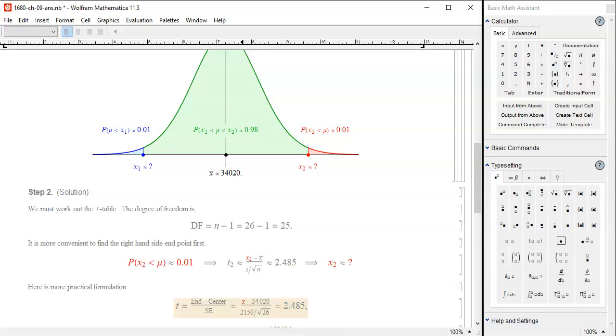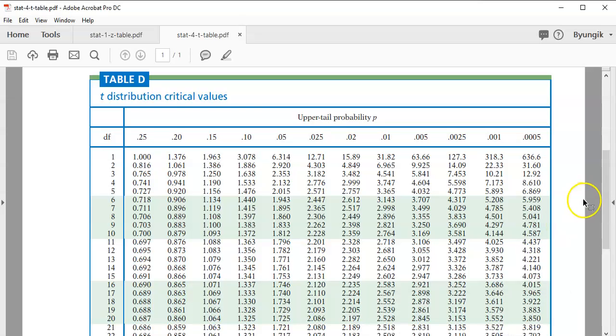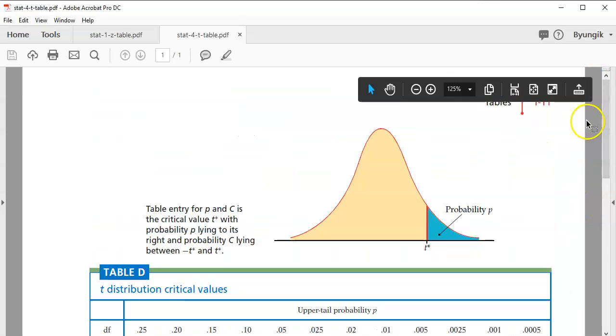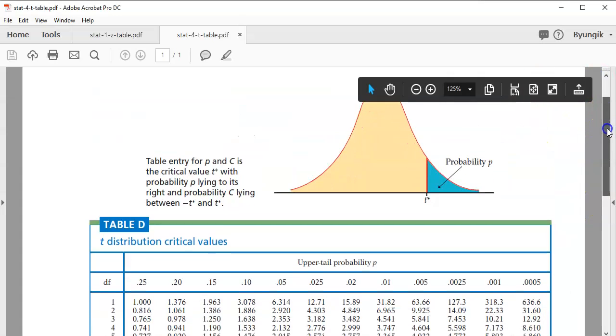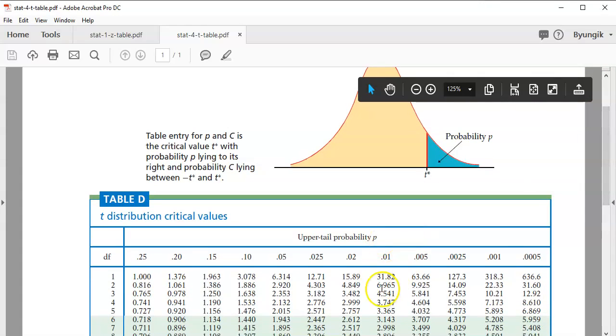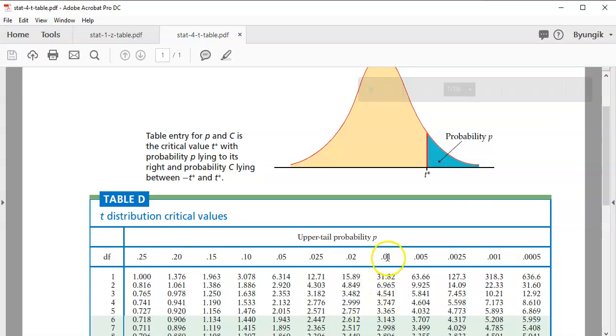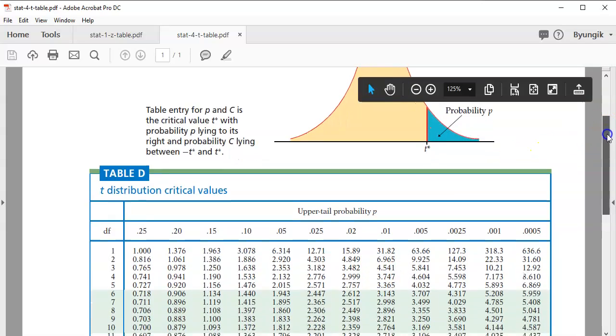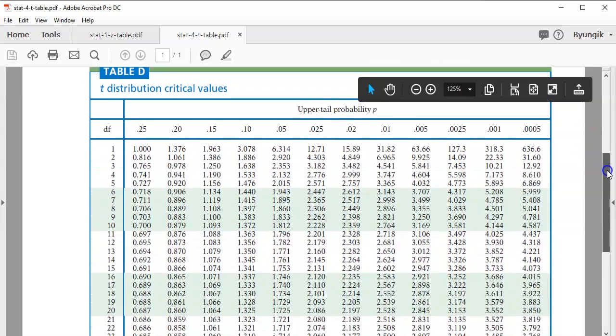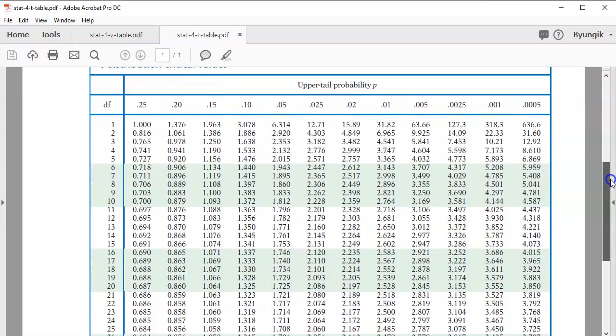Okay, so here is the t-table, and you're looking for 1%, so look at this column here, and go to the degree of freedom of 25, and we have 2.485.